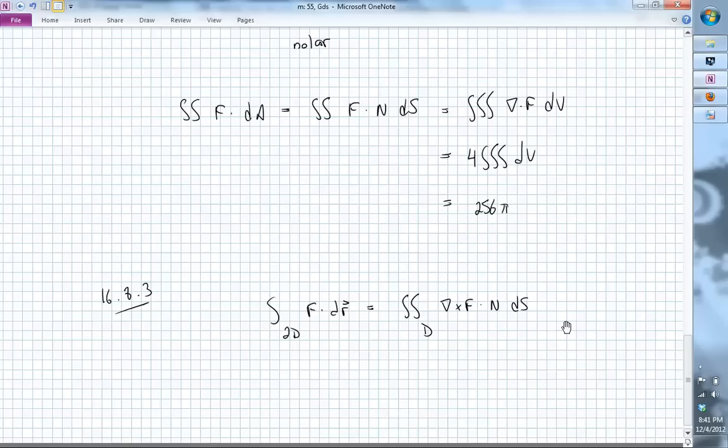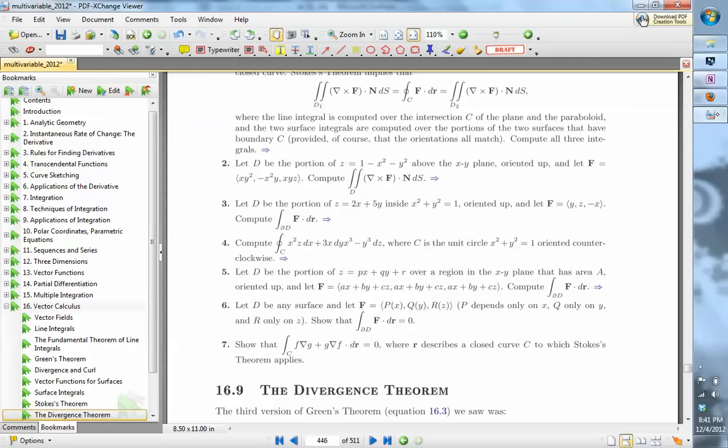So if you were going to parameterize that, let's say you're going to do the surface integral, then you have to build a parameterization. I have the whole problem written down. That's okay, it's probably good review. 2x plus 5y.